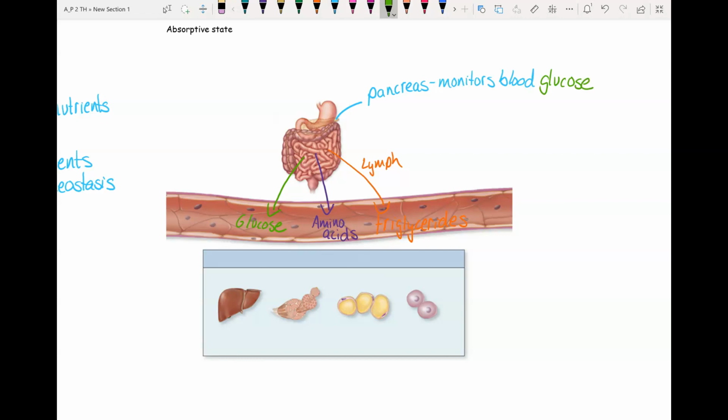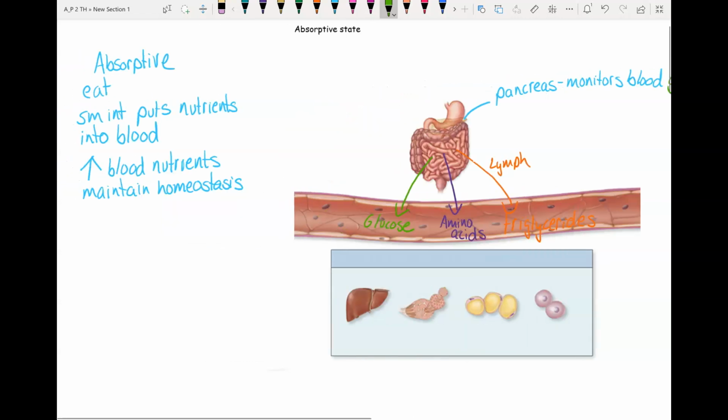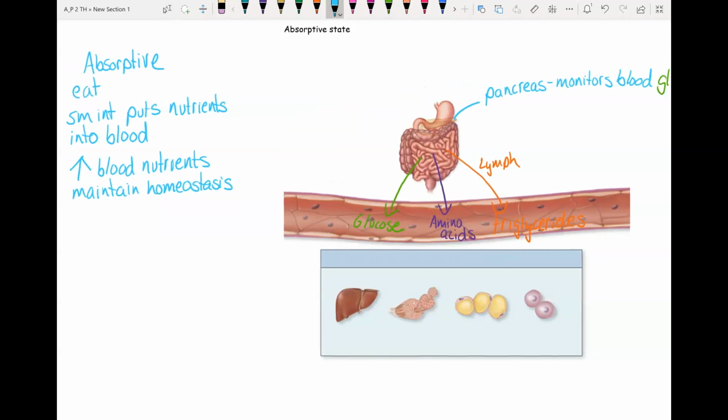It's not monitoring so much the amino acids and triglycerides, but it just assumes that if glucose is high, the other nutrients are high also. But glucose is the one that your pancreas responds to. So in this situation, when blood glucose is high, the pancreas secretes insulin.